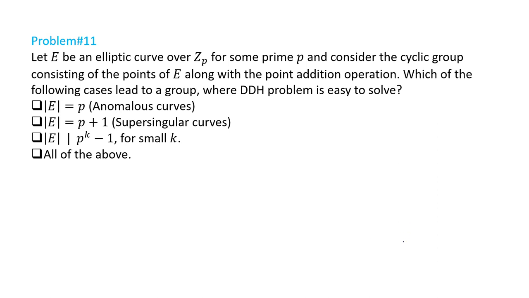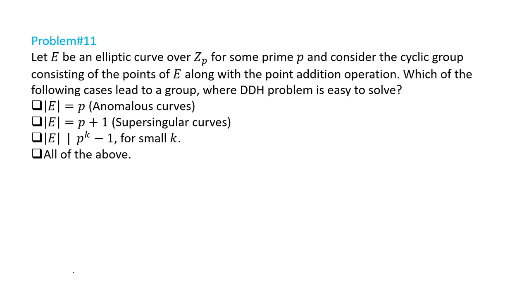You can just refer to the lectures there. They also did not go into any detail, just mentioned that this E inside the straight lines is nothing but the number of points in this elliptic curve. If that is equal to the prime p, the prime modulus of that elliptic curve, it is called an anomalous curve.